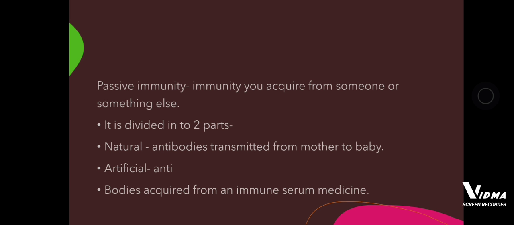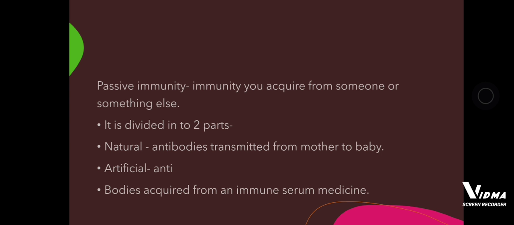Okay. So natural immunity, antibodies transmitted from mother to baby. It means natural immunity, how the mother is breastfeeding the baby, so the mother is passing immunity and nutrients to the baby, so that is natural.